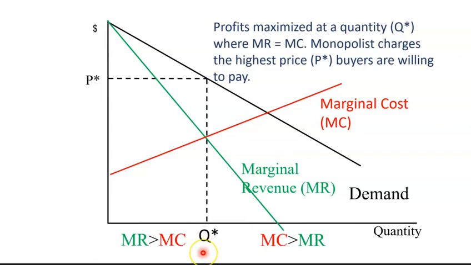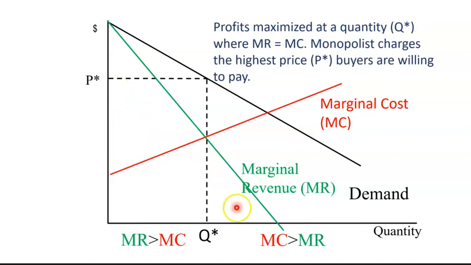So this is the optimal quantity to produce. What price do we want to charge for that? Well, we want to charge the highest possible price that our customers are willing to pay. And the demand curve gives us that information. So what I've labeled as P star is going to be the profit maximizing price.